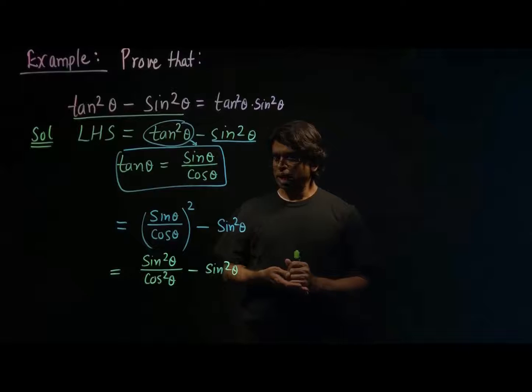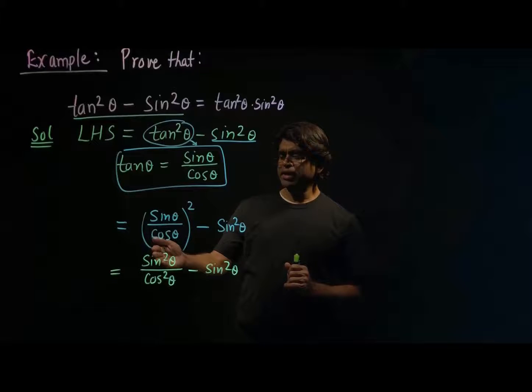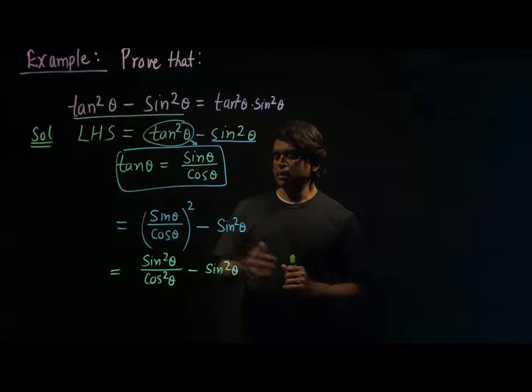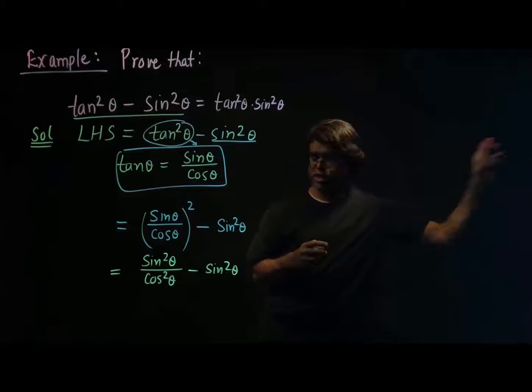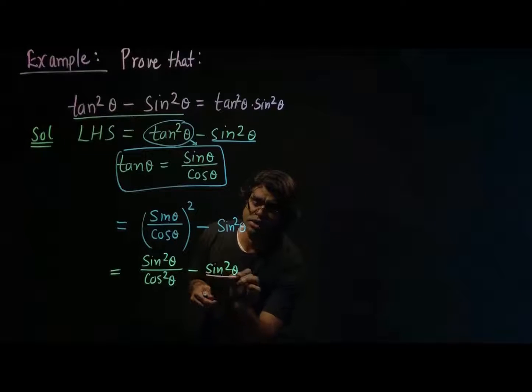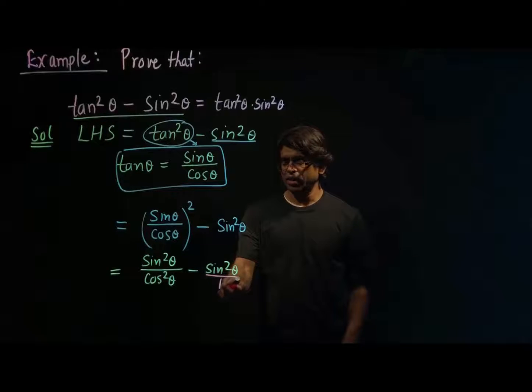Now, the first term is numerator over denominator: my numerator is sine squared theta and my denominator is cosine squared theta. But the second term doesn't have a denominator, so I'm going to write 1 under sine squared theta.